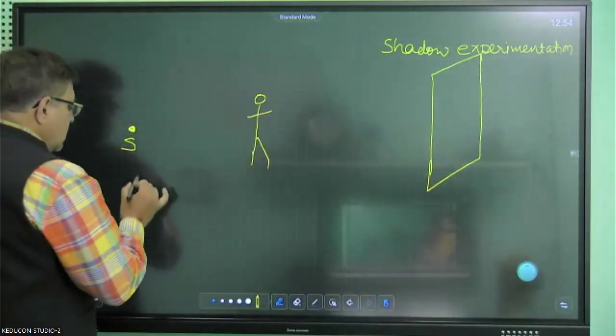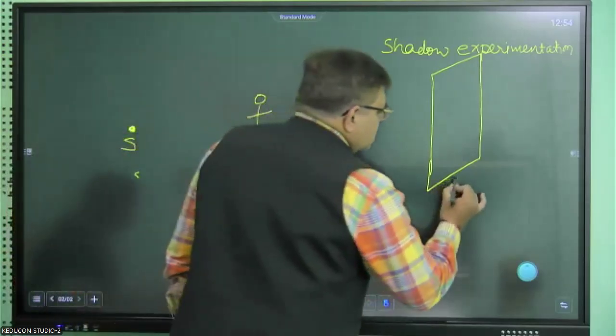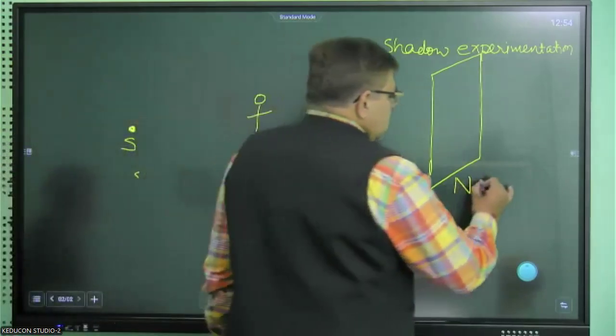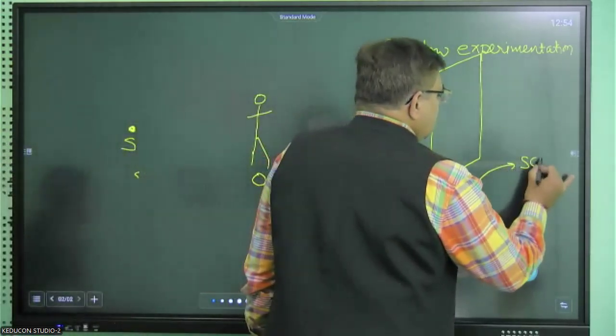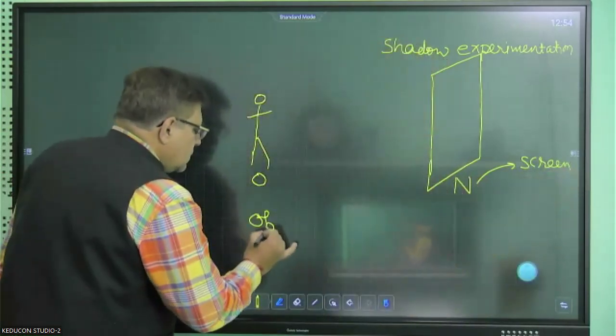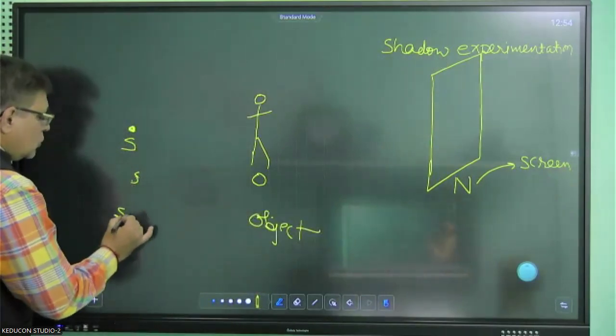This is what? Object. This is what? Screen. N stands for screen, the white sheet, vertically placed white sheet. O stands for object. S stands for source.